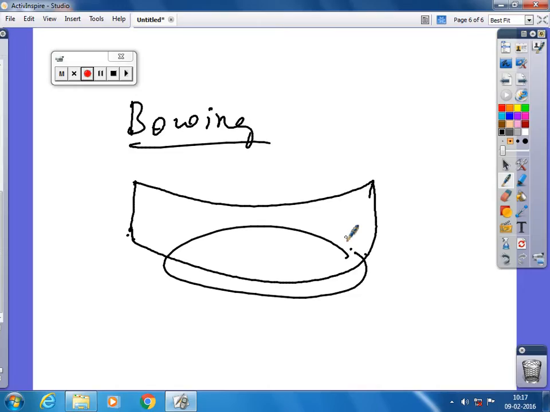So which is the longitudinal direction? This is the longitudinal. Longitudinal how? When there happens a sagging, right?